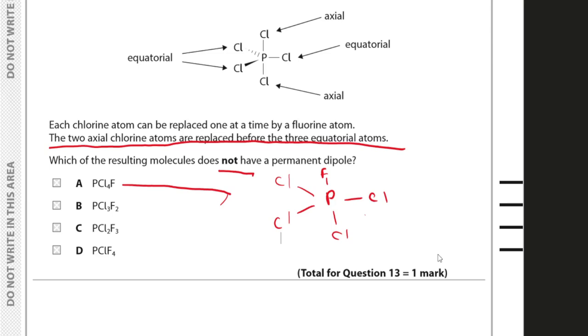If it's asymmetrical, then it's going to have a permanent dipole. So we can clearly see here that the molecule is asymmetrical, considering that all of them go out while our fluorine down here has a polarity towards phosphorus. So option A must have a permanent dipole, so that is out of our equation.